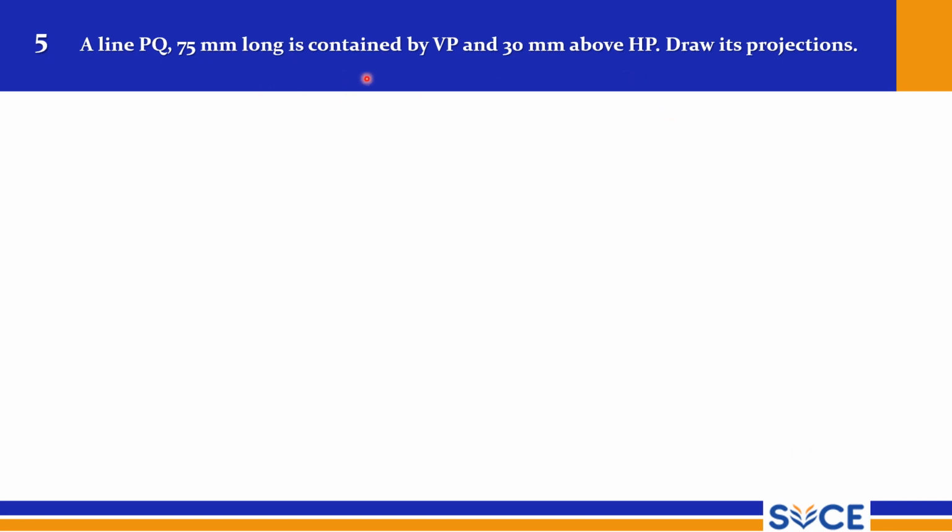So there is no in front of distance, and it is 30 mm above HP. The front view is above the XY reference line, and the top view, because it is contained by VP, is lying on VP itself. So when you see from top, it is lying on VP itself, so you have to draw on the XY reference line. It is a similar kind of problem to what we have seen in the earlier case.